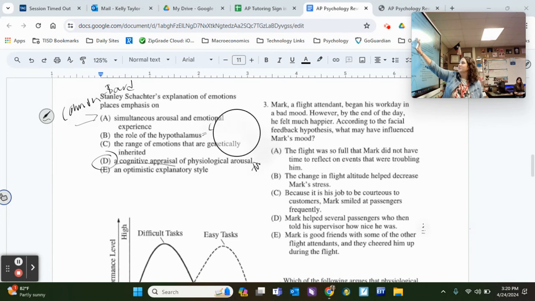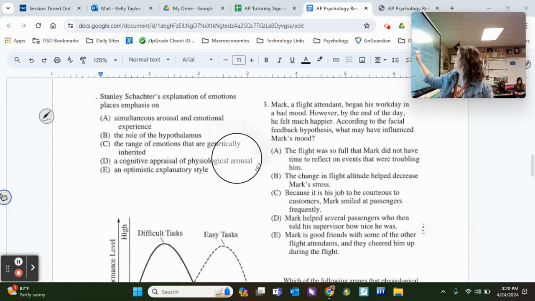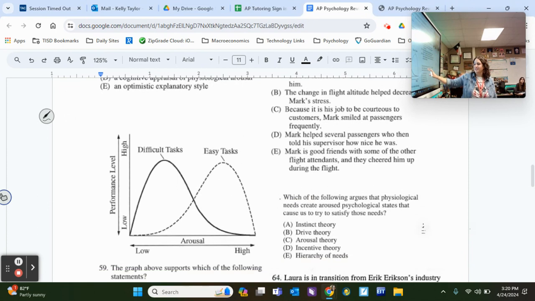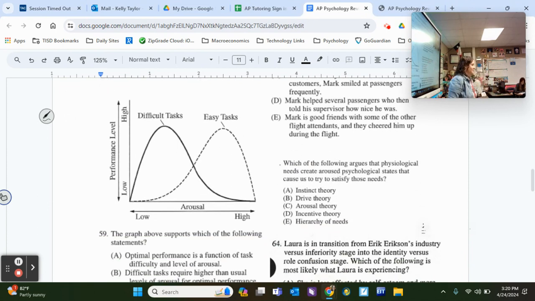Who wants to earn a sticker? What is the name of this graph? Normal curve? No, it's not a normal curve. It starts with a Y. Yerkes-Dodson.